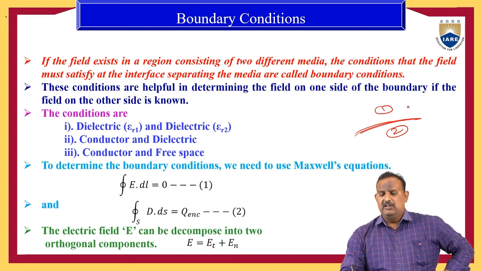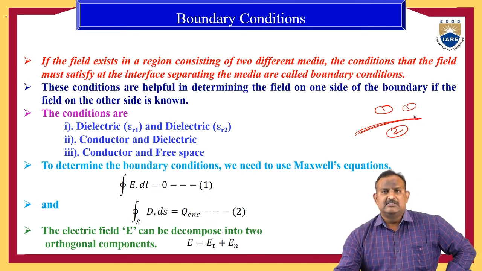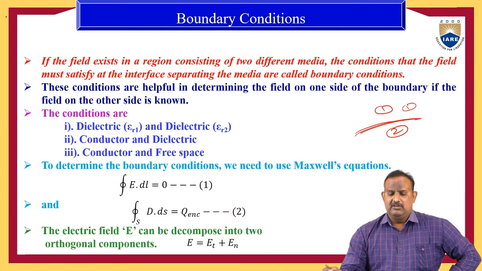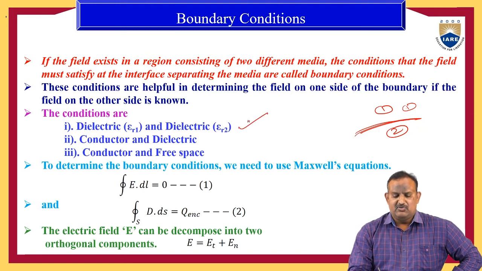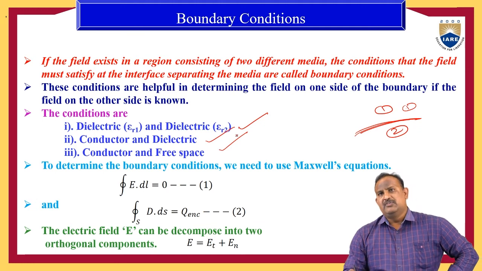Suppose the conditions in medium 1 are known, then it is easy to find the conditions in medium 2. The three types of boundary conditions are: dielectric-dielectric, conductor-dielectric, and conductor-free space.